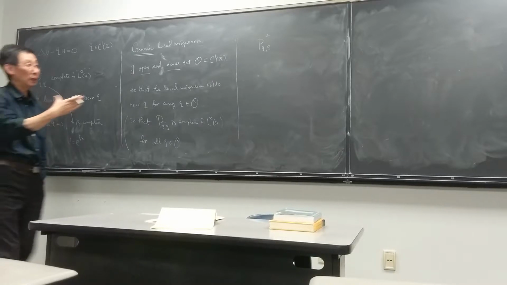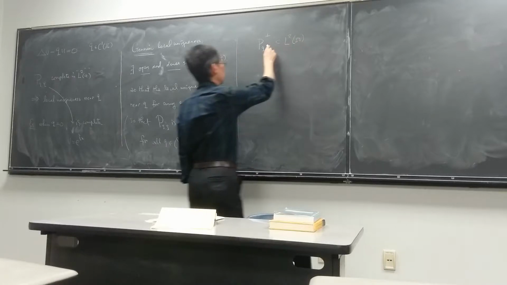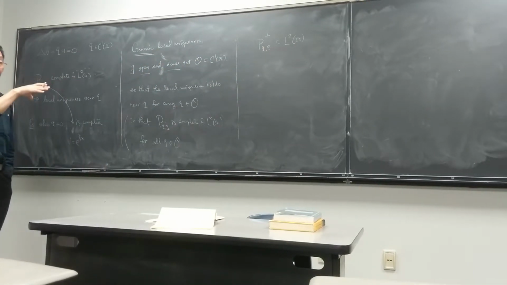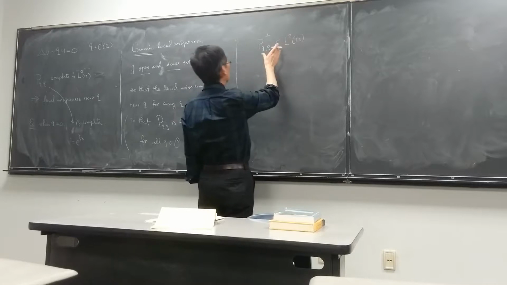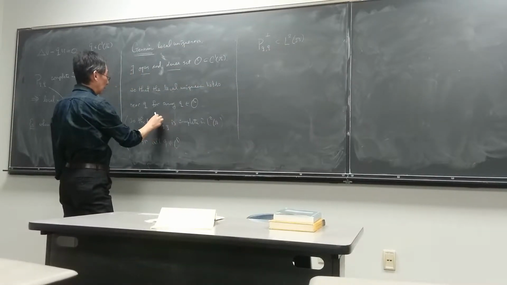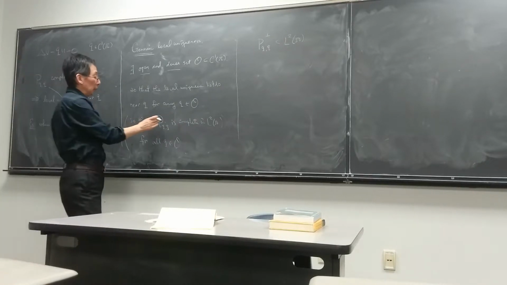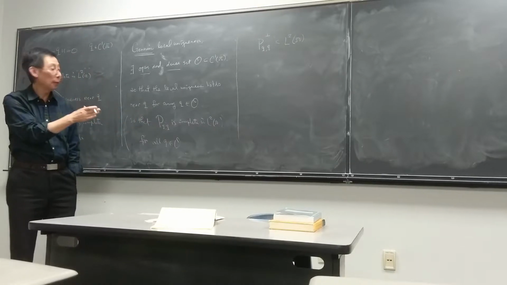This is going to be in L2 of omega, and this is a closed subspace. We see that this closed subspace is finite dimensional. If you take this as a space, expanded into a subspace, then this subspace has a finite codimension.